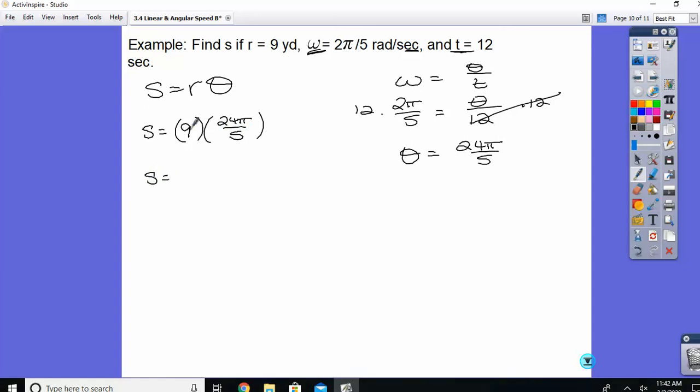If you take 9 yards times 24 pi over 5 radians, what are my units going to be at the end? Yards. S will have the same unit as R. All right, so what do we get? 9 times 24 over 5. 216 pi over 5 yards.